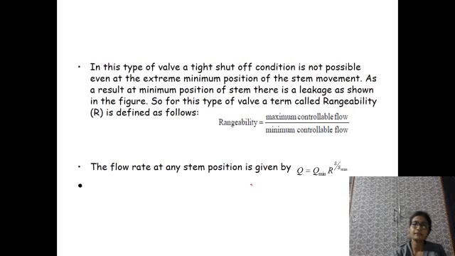So for this type of valve, a term rangeability is defined as the maximum controllable flow to the minimum controllable flow. So the flow rate at any stem position for this kind of equal percentage valve is defined as Q equals Q minimum R to the power S by S max. R is the rangeability.